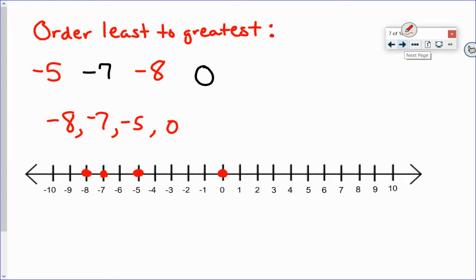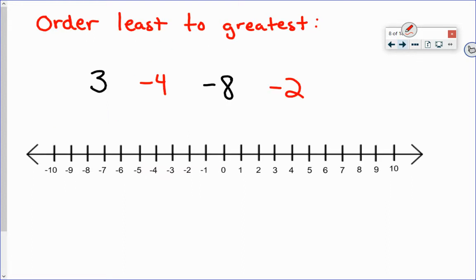Okay. Here's another least to greatest. All right. First, we evaluate our numbers. We have negatives and positives. What do we do? If this is least to greatest, the negatives have to come first, and the positives have to come last. Because positives are always larger than negatives. So which one is the smallest negative number of the three we have?